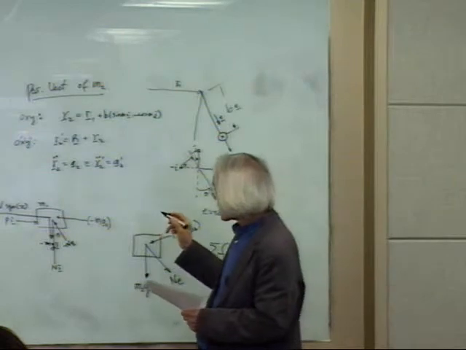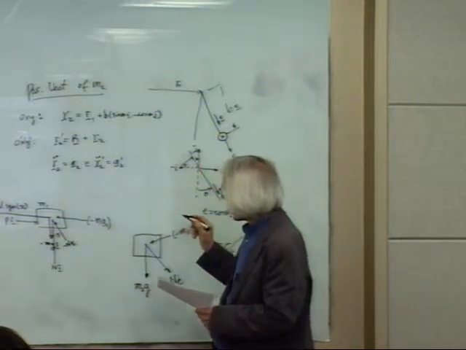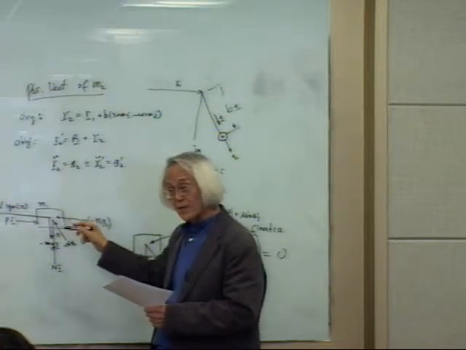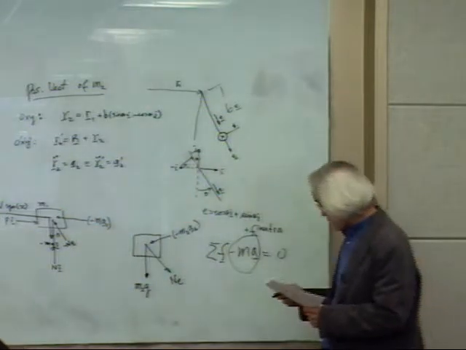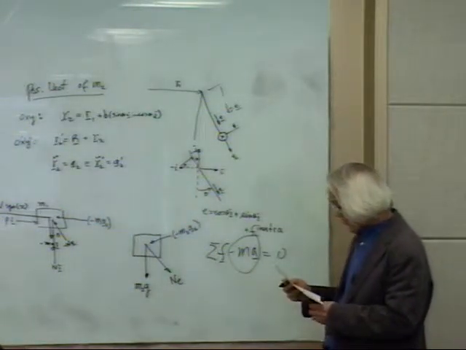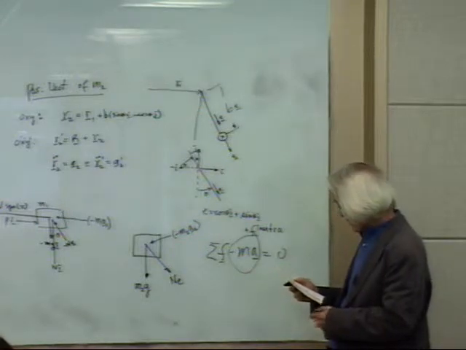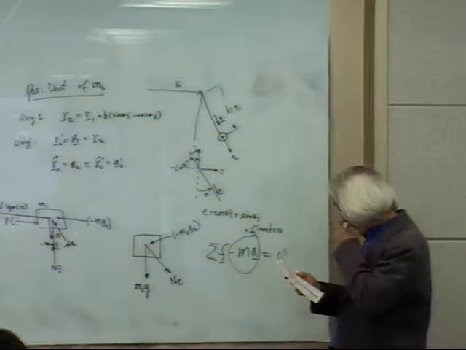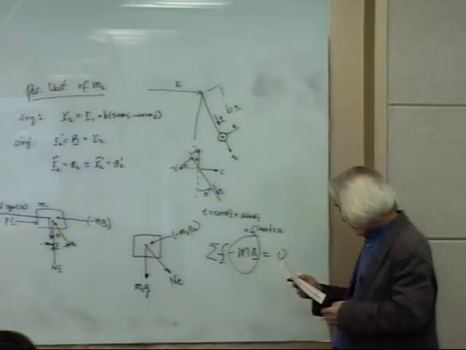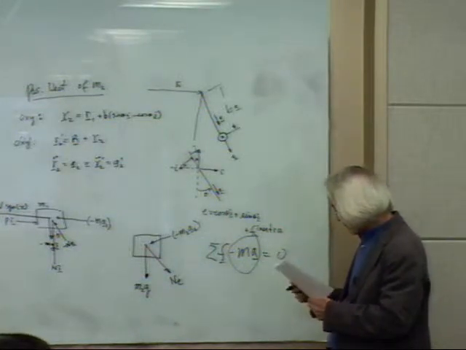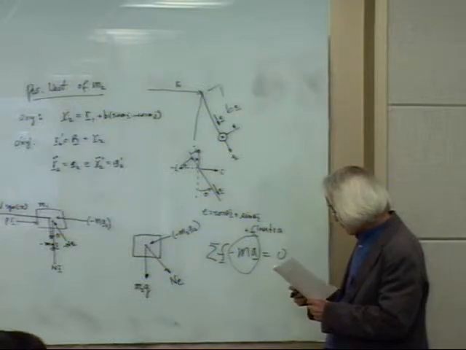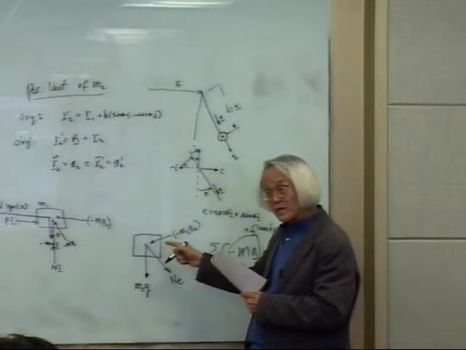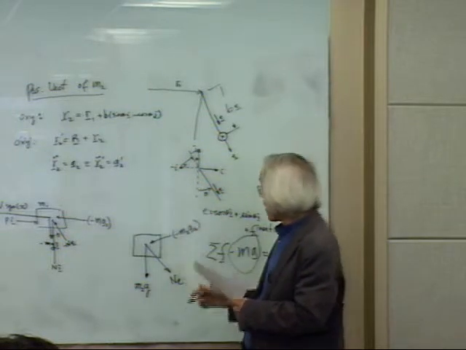So, how many equations do we get? We get x, y, we get one equation, right? Here, we get two equations. So we get two equations here. Here's x and y, right? So we have four equations.